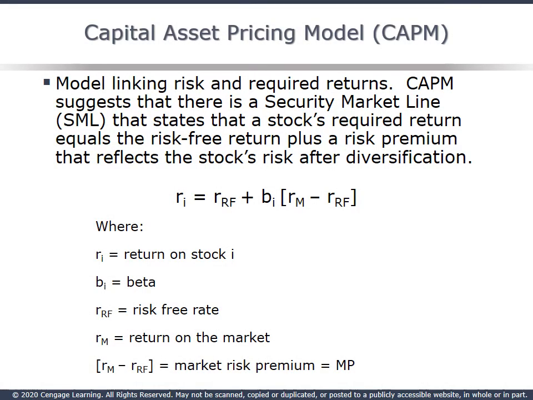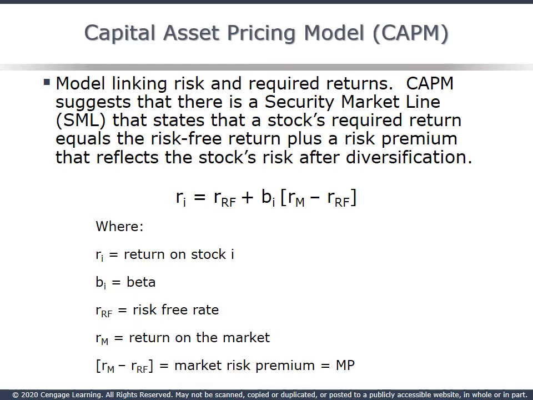In our second part of this chapter, we ended our discussion of portfolio return and risk with mentioning that the way we measure risk in a portfolio concept is through something called beta.